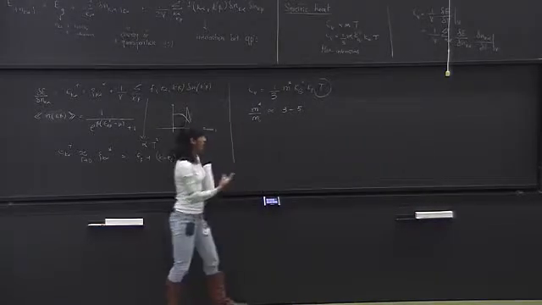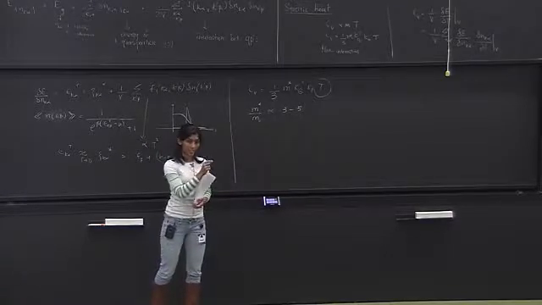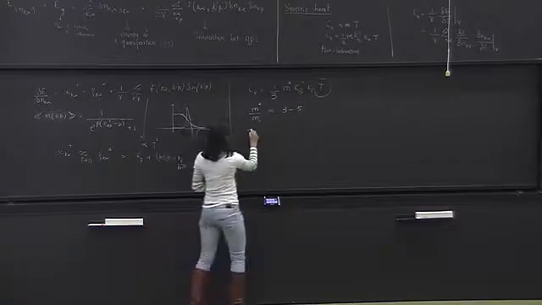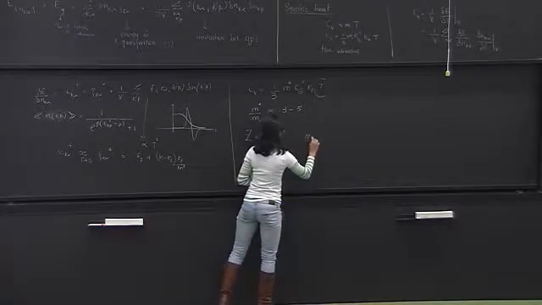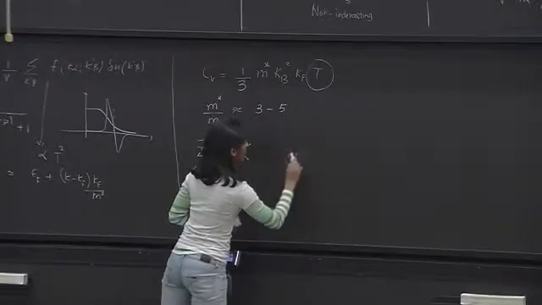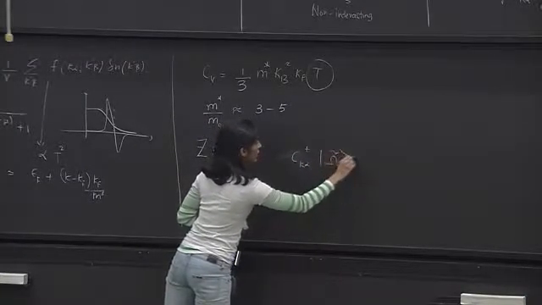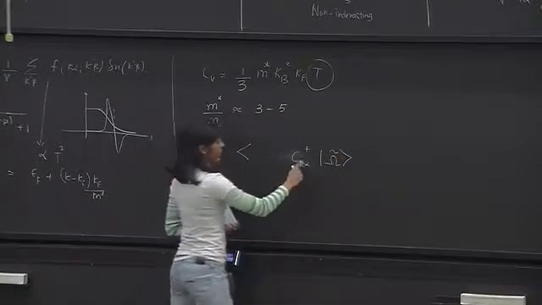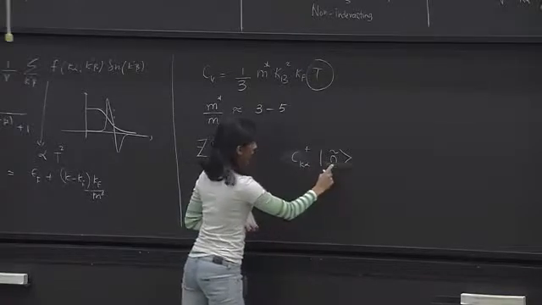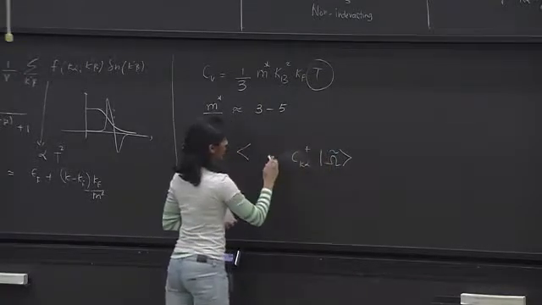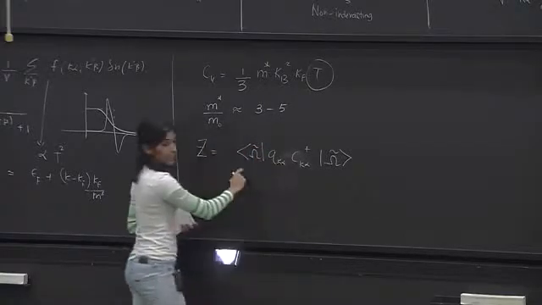Okay, so that's one. Two is, remember this quantity we mentioned yesterday, Z? We said it was the overlap between the state created by the bare electronic operator above the interacting ground state and the actual eigenstate.